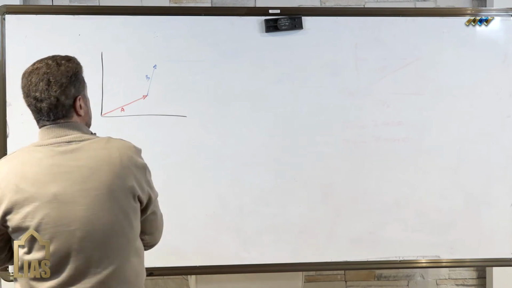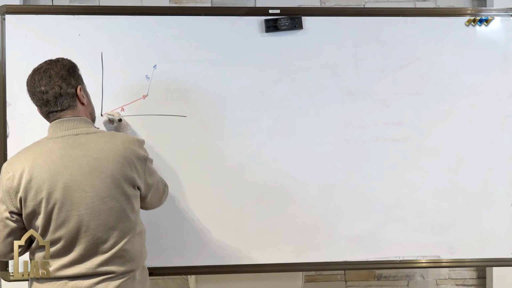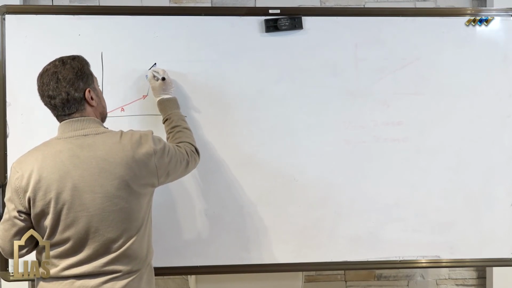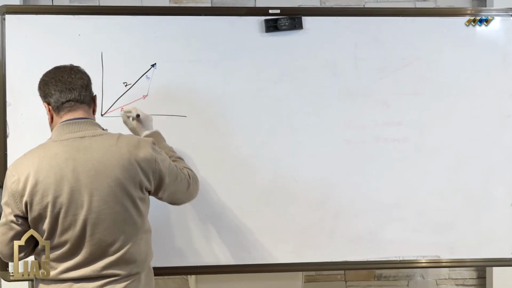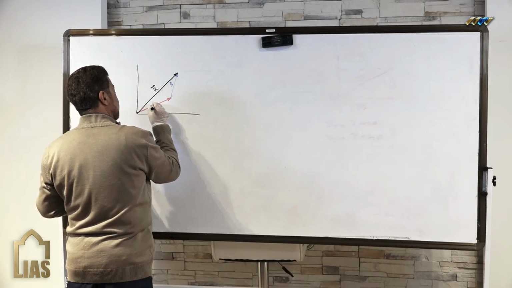What's the resultant? The resultant goes from the starting point to the end point here. R means it's a vector.